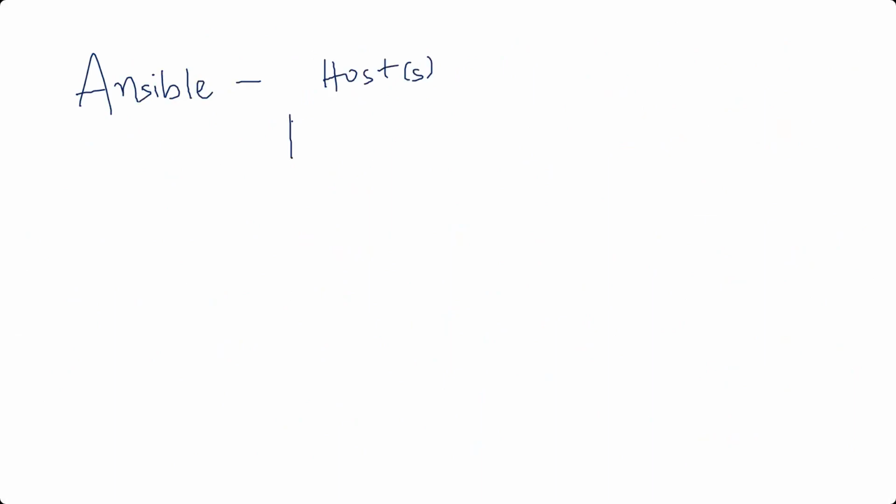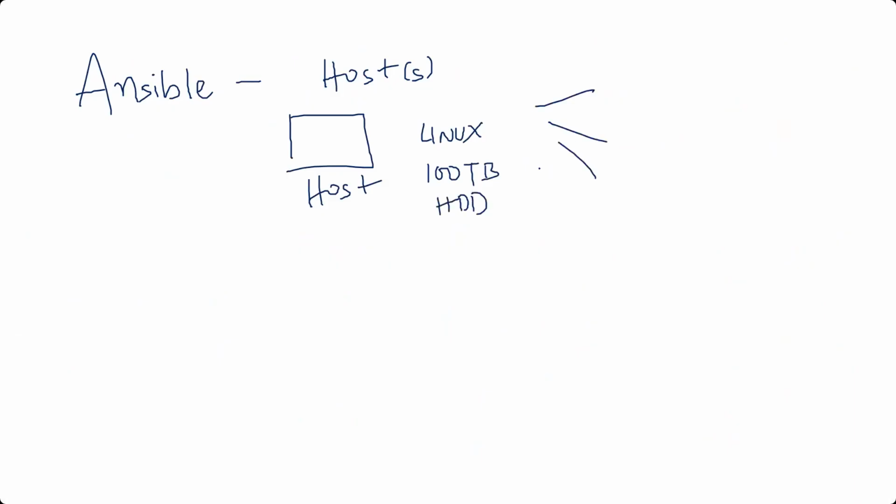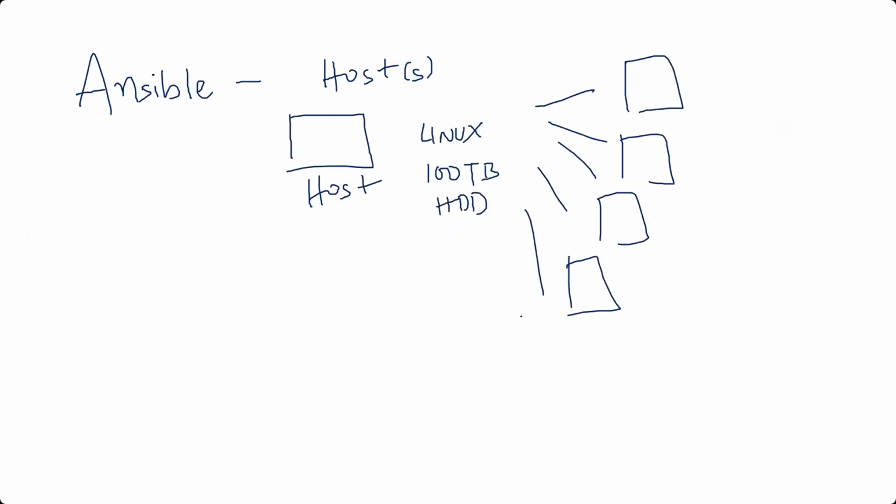Imagine you have one host which has a Linux operating system, for example, with 1 TB of hard disk. You can break this machine into multiple development environment clients and assign these templates to respective developers to perform the development.